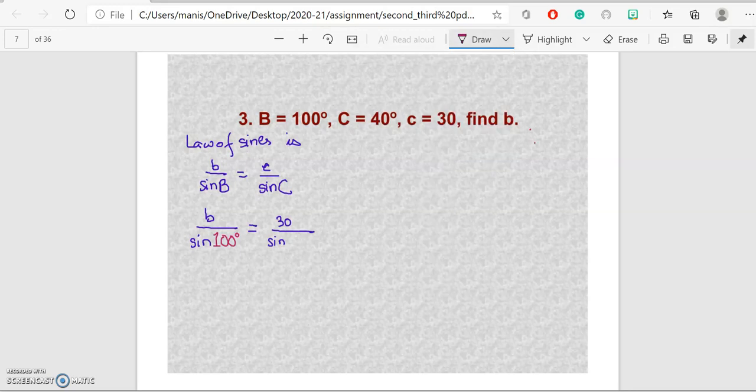What I have seen is many students make mistakes when they are entering the value of lowercase c and uppercase c. Please do keep in mind lowercase c is a side, uppercase C is an angle. You cannot mix them. You will cross multiply, so it is b times sine of 40 degrees is equal to 30 times sine of 100 degrees.